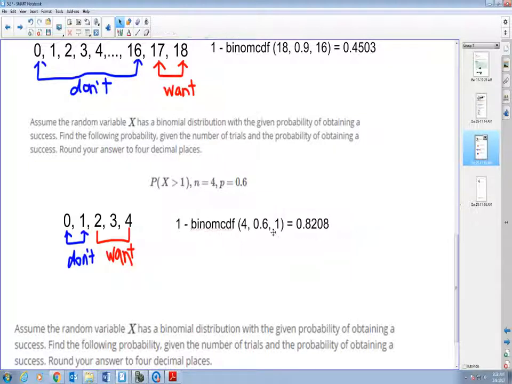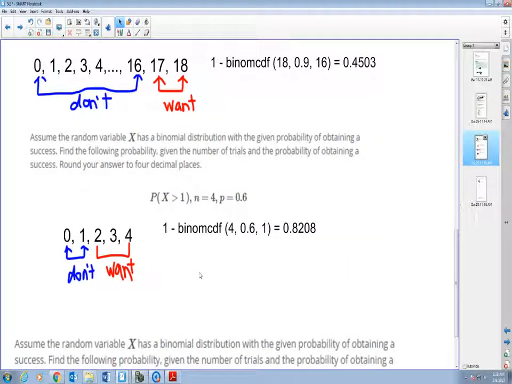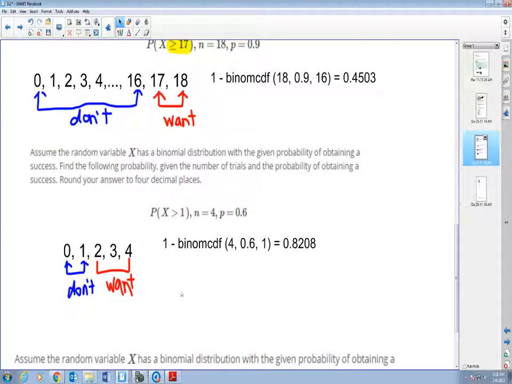Alright, I'm going to show you how to do this in a different way, okay? Remember the difference between CDF and PDF. CDF is adding from the beginning, which is 0 all the way up to a number. PDF is finding the exact one.